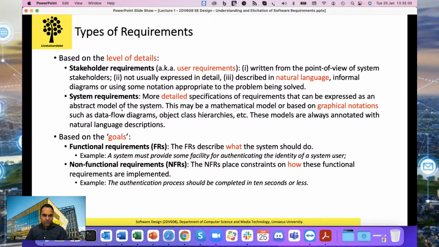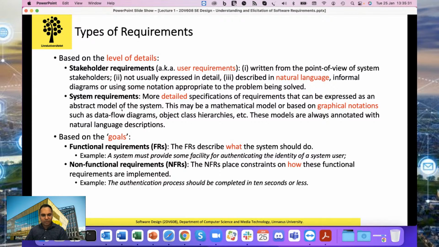But then there are also other types of requirements, or we can group or classify requirements based on their goals. Some requirements fulfill our functional objectives. Those are known as functional requirements. And some requirements fulfill our system properties or attributes, or in other words, how we want our system to behave.